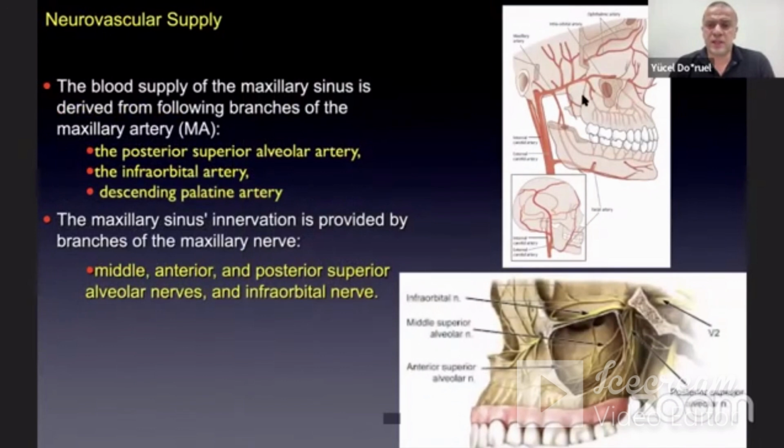Its arterial supply comes from branches of the maxillary artery, which are the posterior superior alveolar artery, infraorbital artery, and descending palatine artery. Its innervation comes from branches of the maxillary nerve, which are the middle, anterior, and posterior alveolar nerves and the infraorbital nerve.